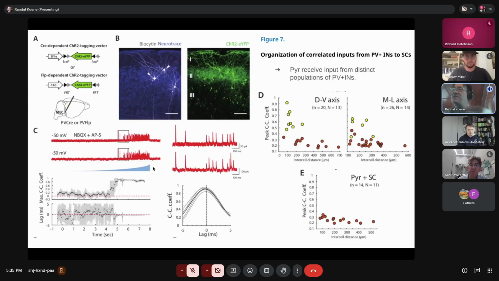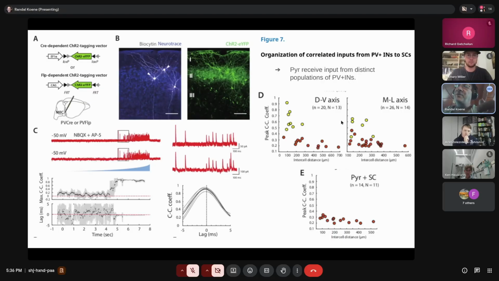In contrast to the responses of the parvalbumin interneurons to activation of stellate cells, in this opposite direction, the PV-driven synaptic currents recorded from stellate cells were relatively sparse and often of large amplitude. A subset of the pairs of stellate cells showed responses to activation of PV interneurons that were highly correlated with little variation in their lag, indicating that these pairs shared input from the same PV interneuron. So this is the same basic protocol, we've just reversed everything. So here we have an example of strong correlation.